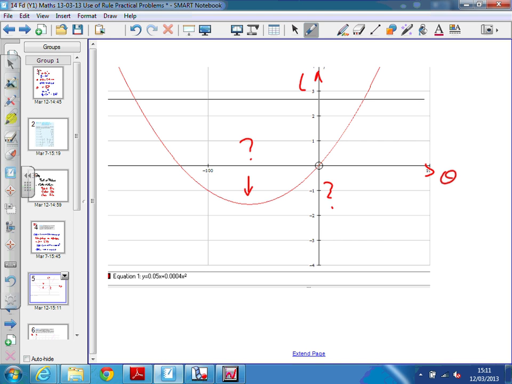So in other words, this couldn't possibly happen. And so we're only interested in this model from 0 onwards. And it's telling me from 0 onwards, the length is increasing, okay? This is the mathematical model that's describing this. So this has no bearing in the real world, okay?